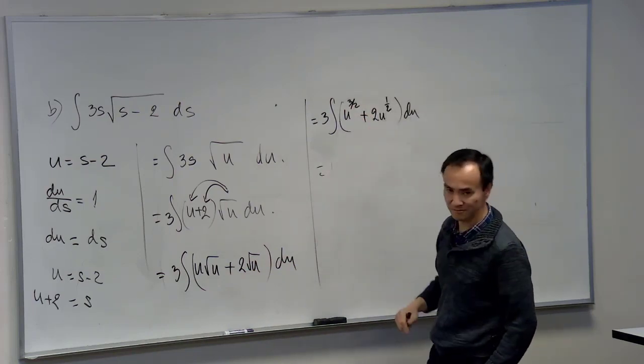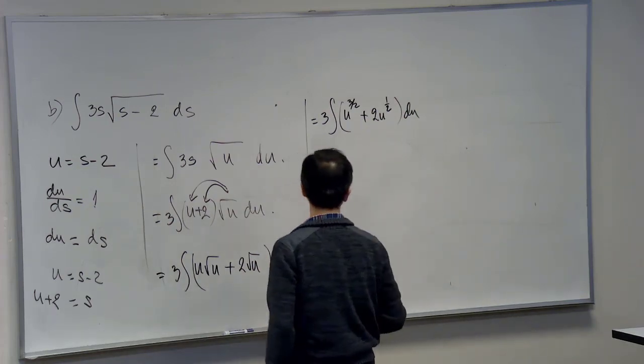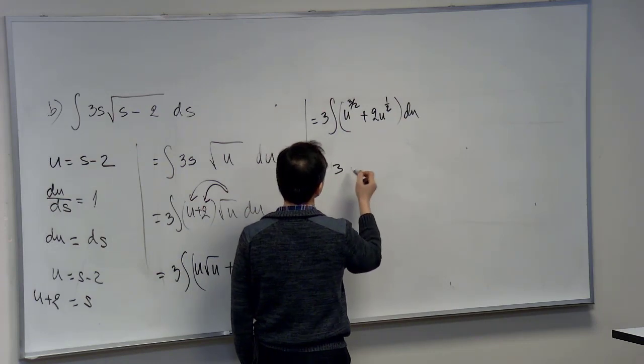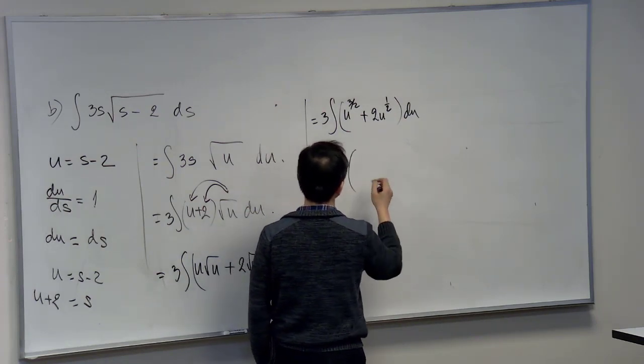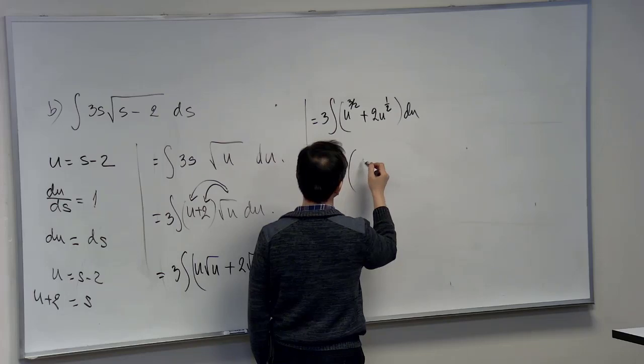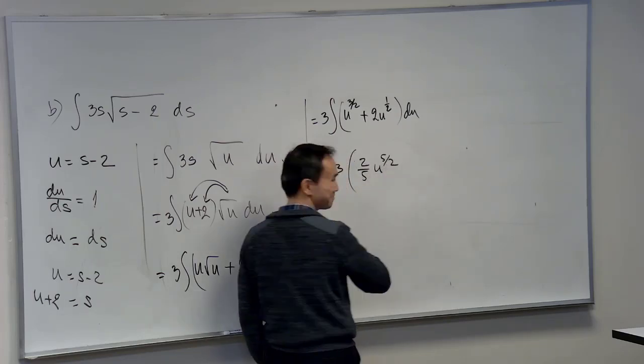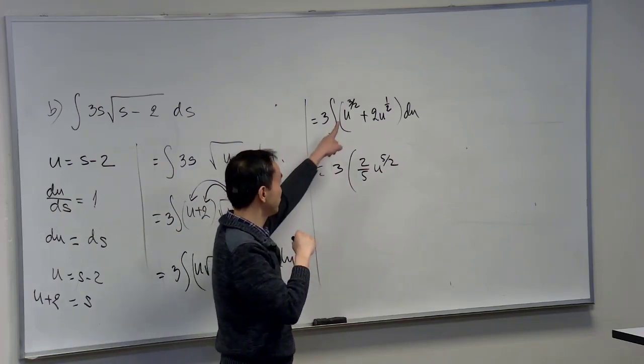So now we can fly. At this point, it's easy. We can fly easily right here. So it's going to be 3, and let me put it in parentheses like this, times u to the 5/2, adding 1 to that 3/2.